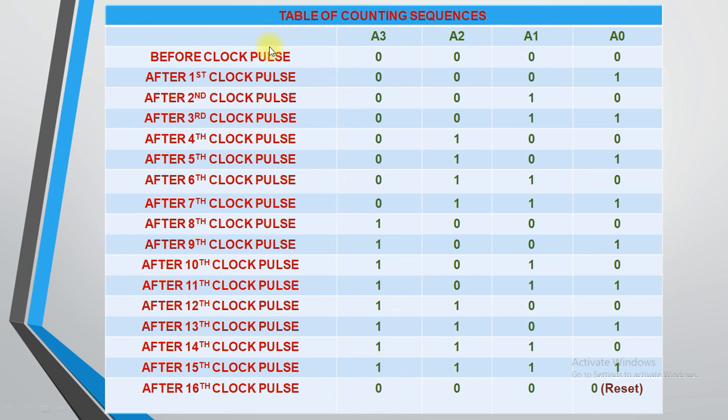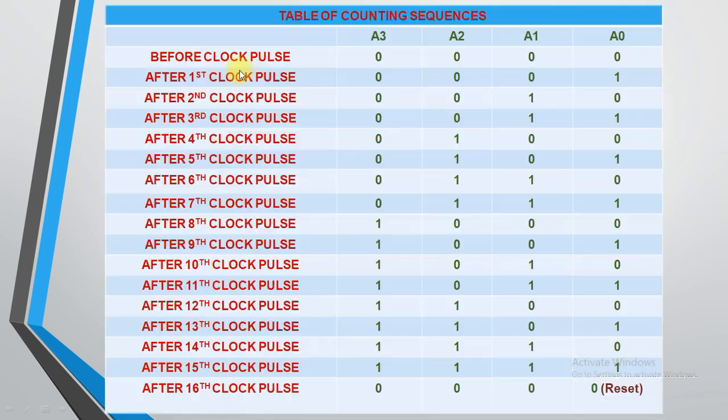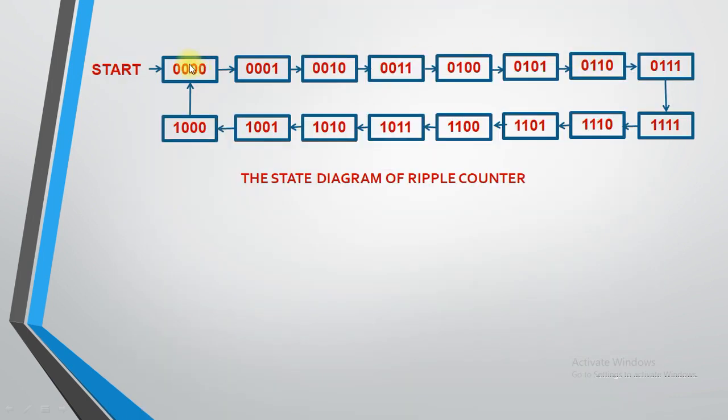Now see, if you want to draw the diagram of this particular data, you need to write all the combinations starting from the first, 0000. After that, which is the next combination? 0001. So you need to draw 8 rectangles over here and 8 rectangles over here.